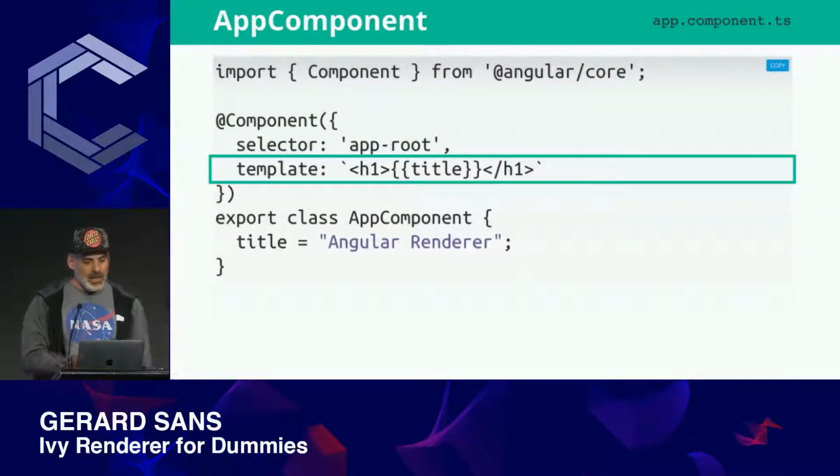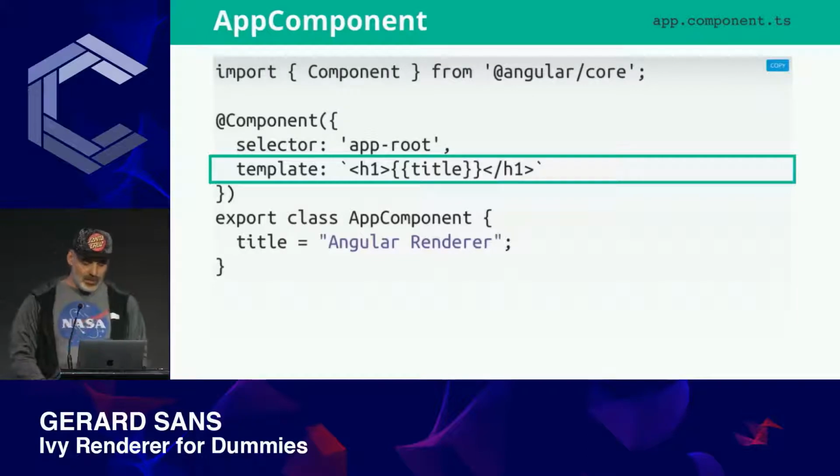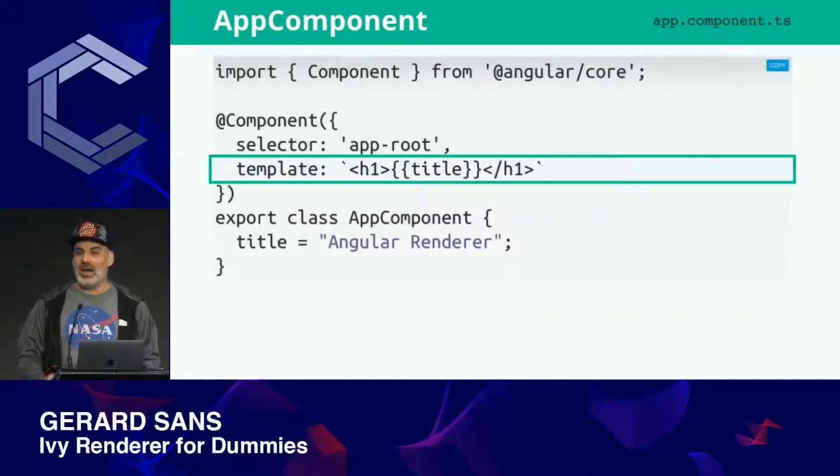So let's see an easy example. We are going to take this simple component, and we are going to see how much work the renderer is doing. And we are going to do that with vanilla JavaScript.